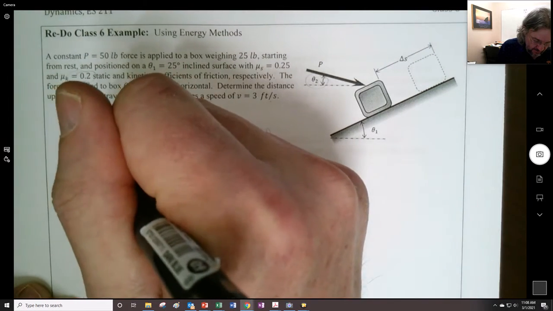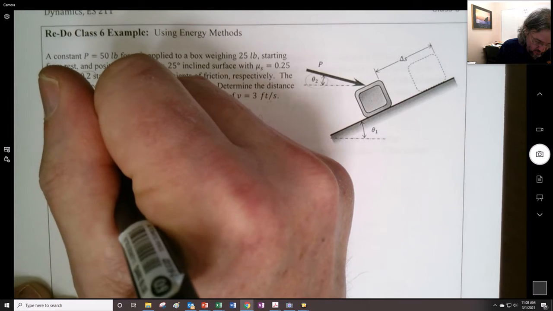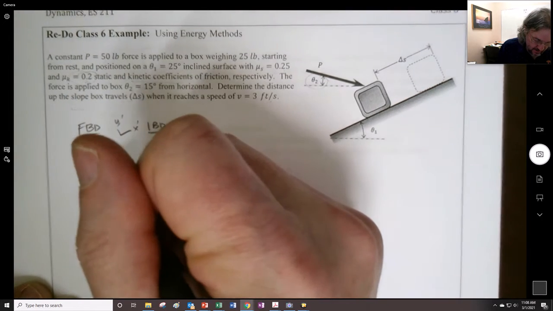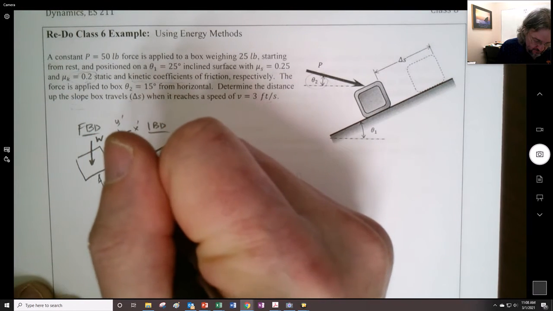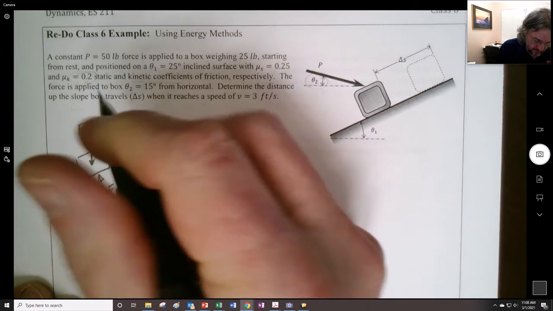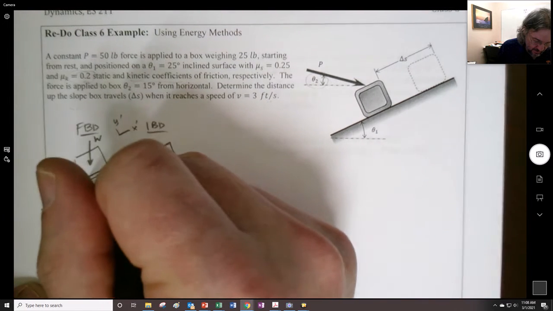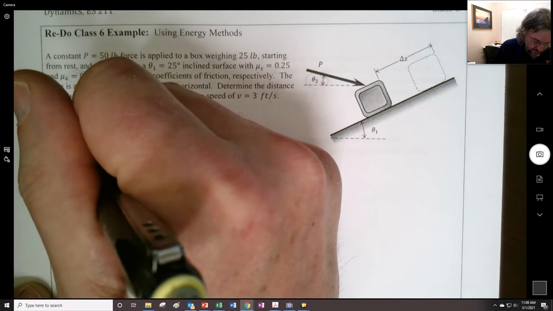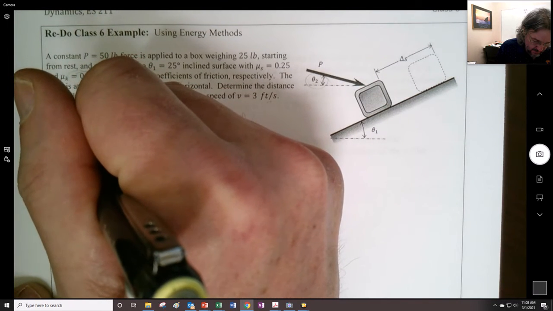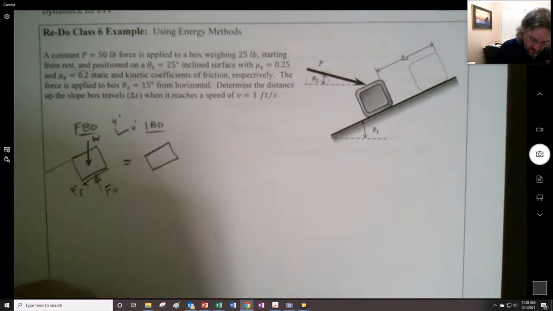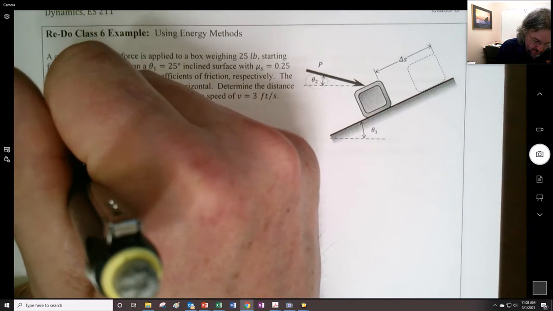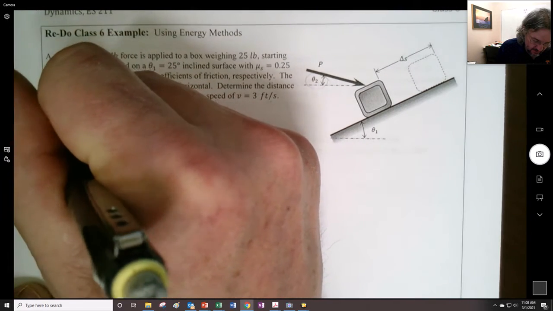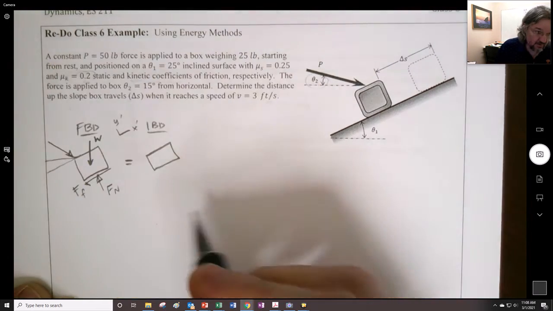So here is my weight being applied to the block, and here is my normal force, Fn. And with our friction force, we'll put it on there, even though we don't actually need it. Here is our angle of the slope, and here is a force that's being applied right there.